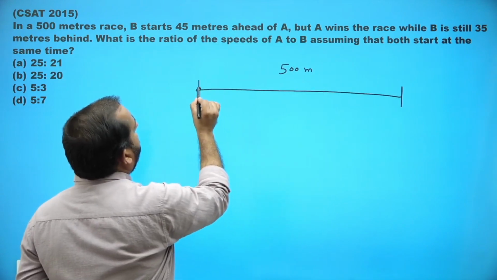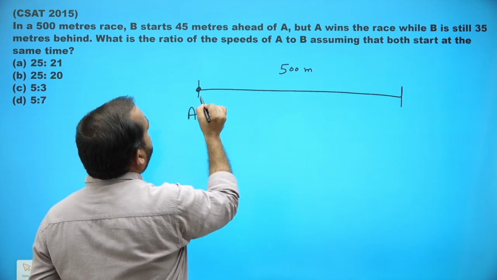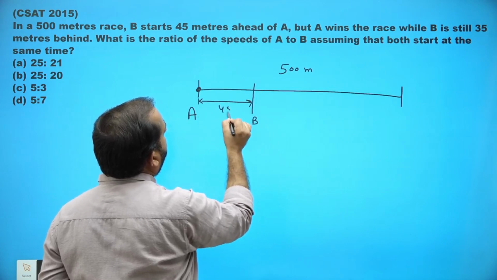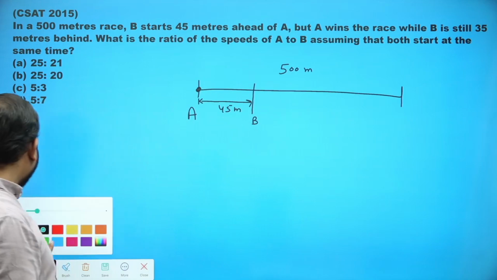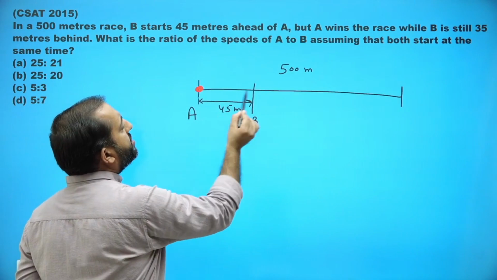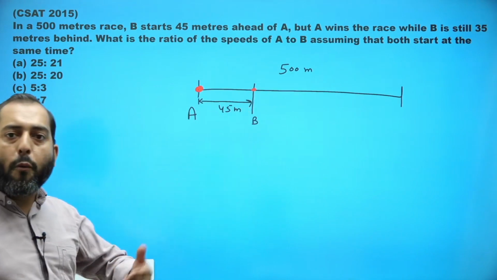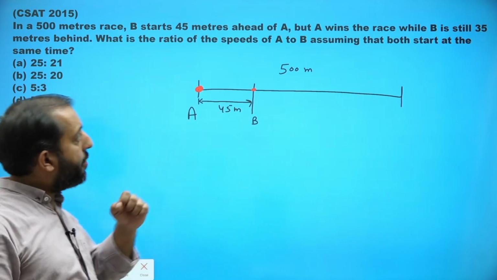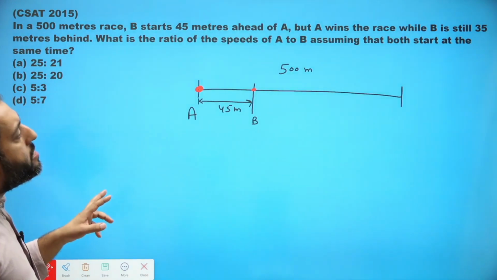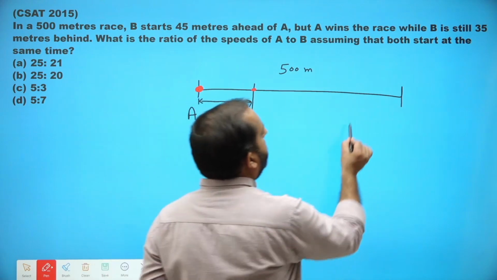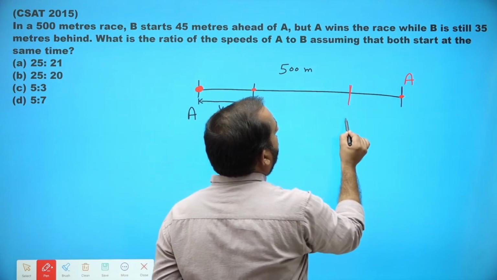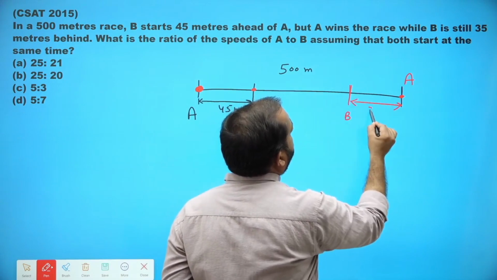Let's say A is at this point, then B starts 45 meters ahead of A. And A wins the race while B is still 35 meters behind. So the moment when A reaches here is the moment when B is still 35 meters behind.